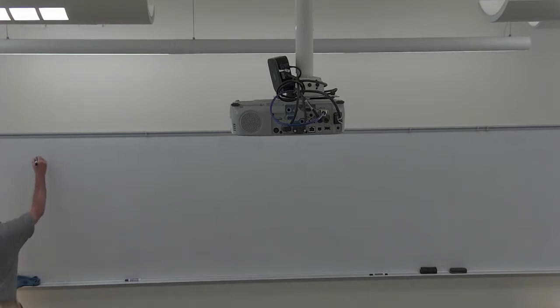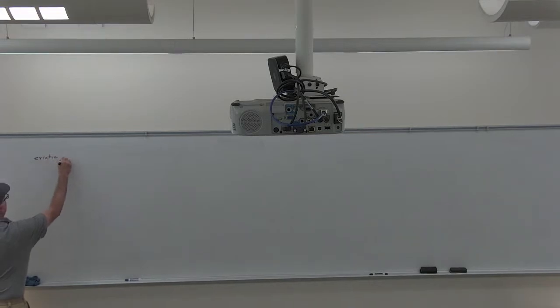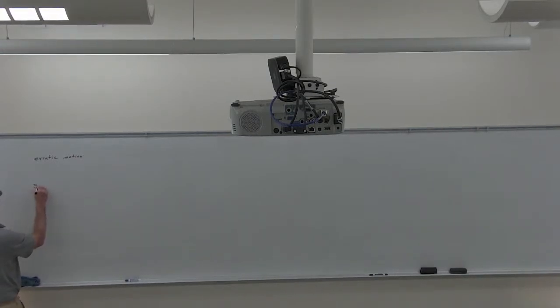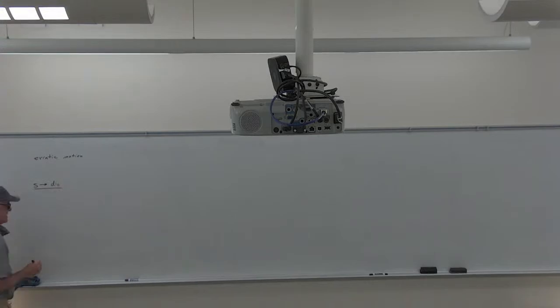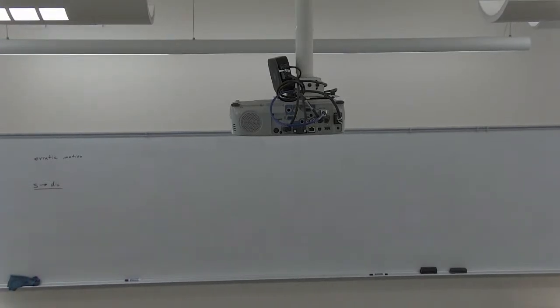So we did the erratic motion. And now I'm going to go back and forward at the same time. So we had S being the displacement, and then we basically did this, and then we did this.